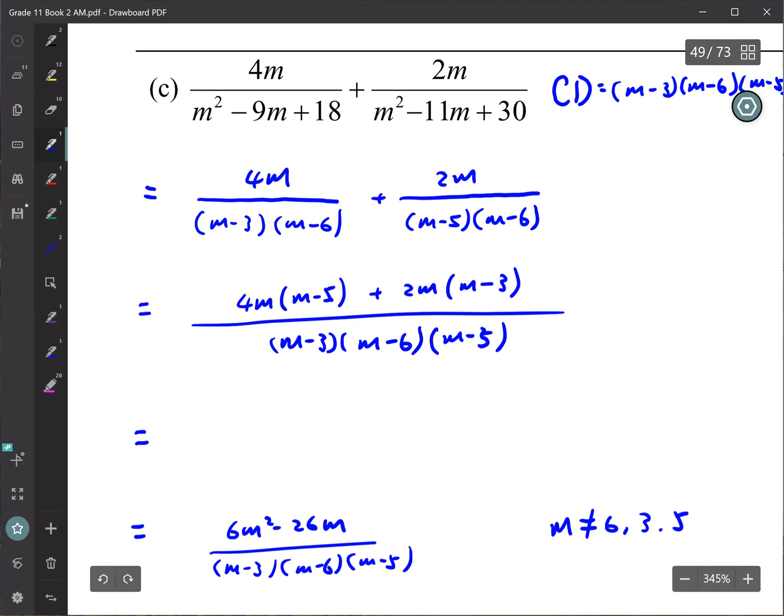Okay. Right, so let's check if the numerator is right. So 4m times m, 4m squared. 4m squared plus 2m squared, that's 6m squared. That's good. And then we'll check the m. Minus 20m and then minus 6m.